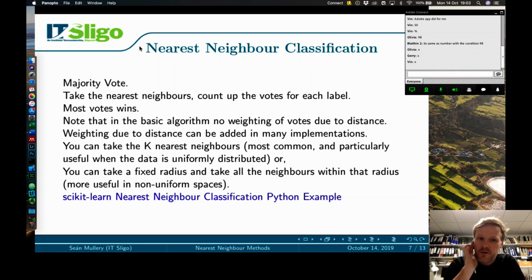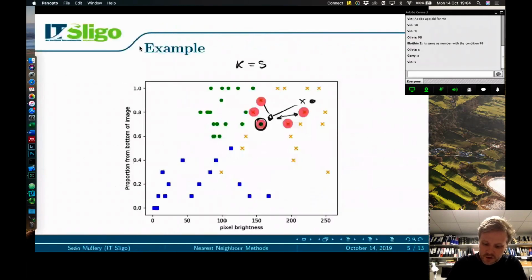Or what you can do is take a fixed radius and take all the neighbours within that radius, and this is more useful in non-uniform spaces. So for example, I'll just delete some of this data here.